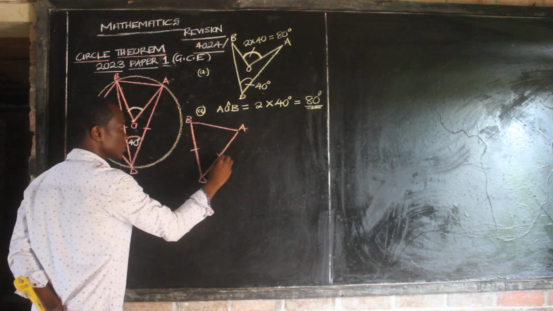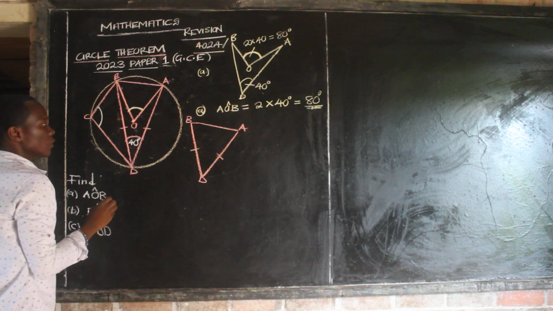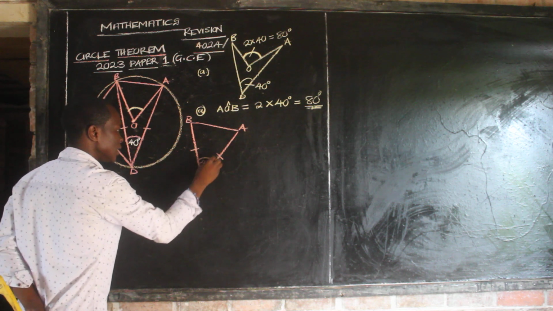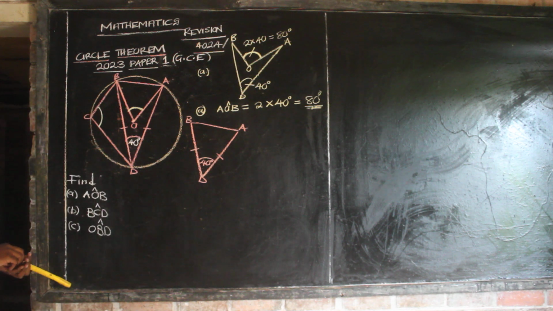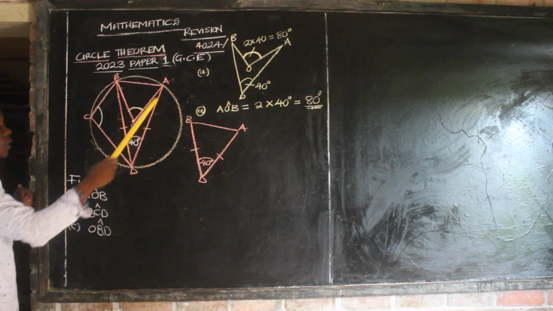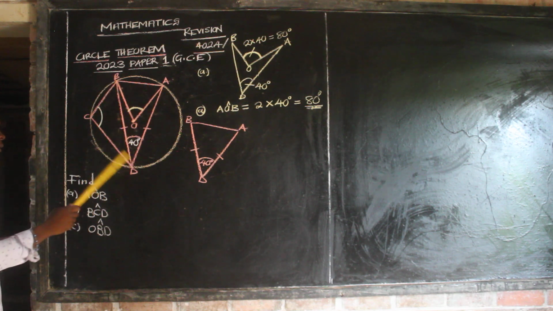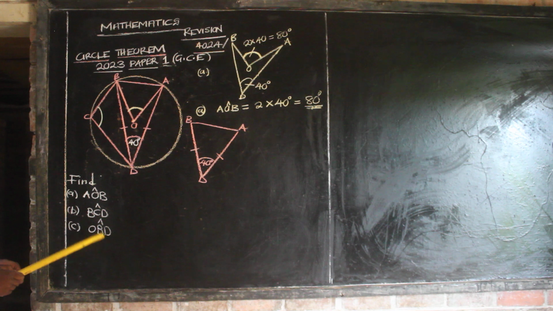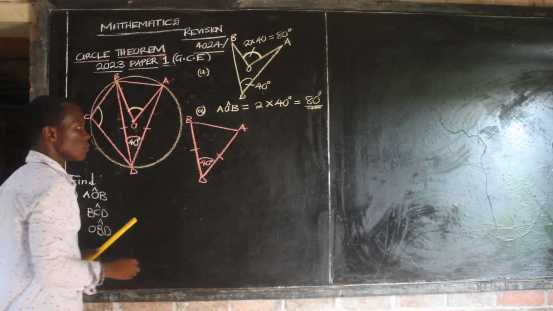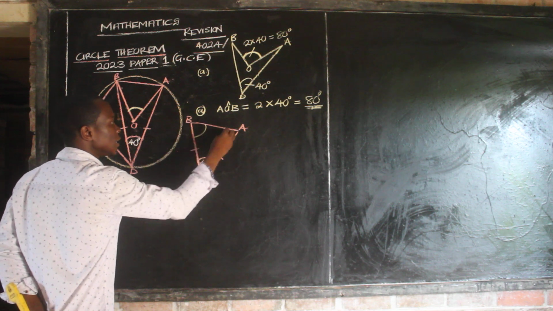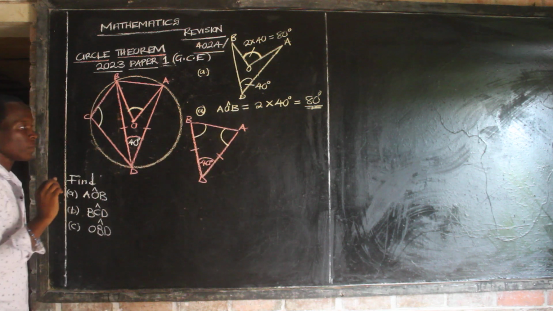No wonder I say this is an isosceles triangle. And then this is 40 degrees. Now since this is an isosceles triangle, triangle ABD, you know that the base angles of an isosceles triangle are equal. Meaning this angle and this angle are supposed to be equal.